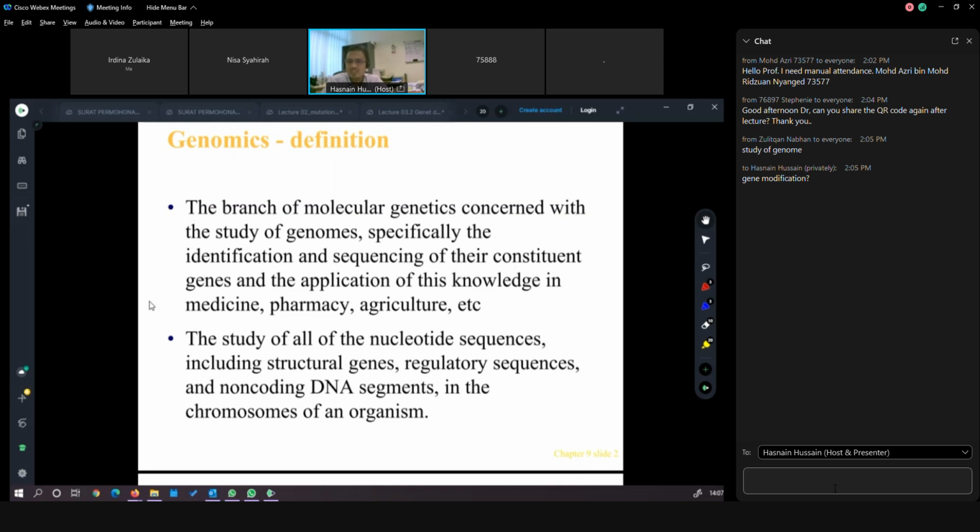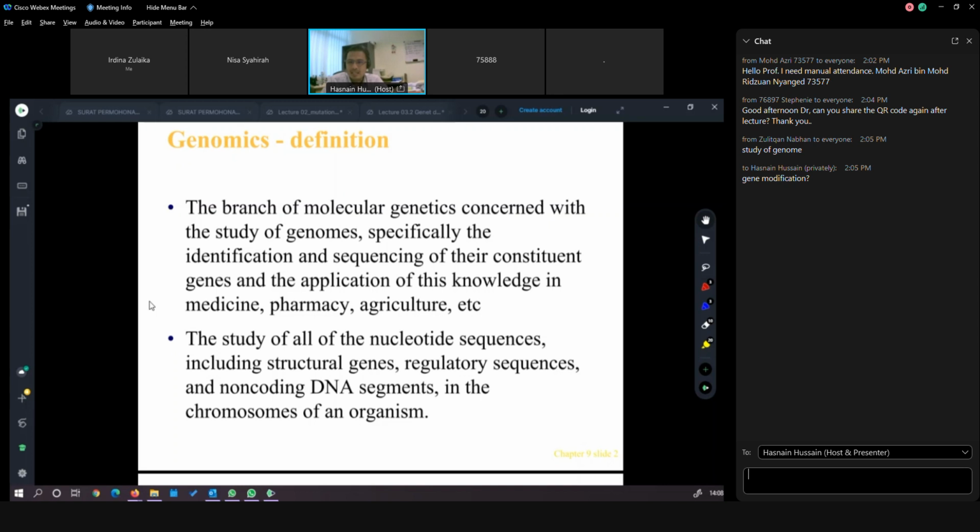So with the nucleotide sequence, you can learn about the genes. We call it structural gene, and then regulatory sequence, genes that allow expression of certain protein, to control certain protein, certain enzyme. So those are regulatory sequences.